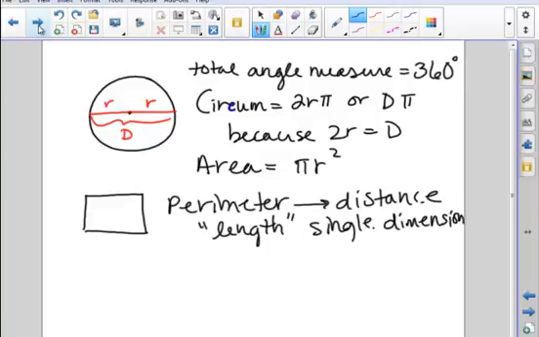See what I'm saying? It's a single dimension. This would be like 6 feet. Let's say this is 2 feet, all right? So when you travel in distance, you're traveling just linearly. There's only one dimension. When you talk about area, you're talking about 2 dimensions.